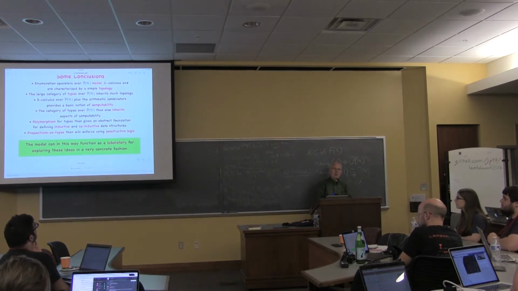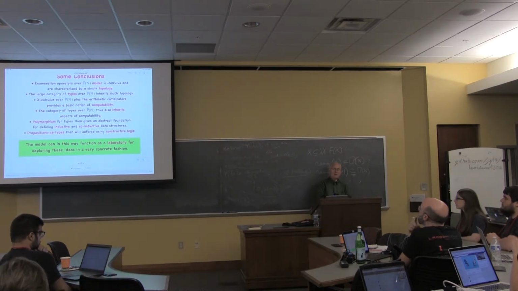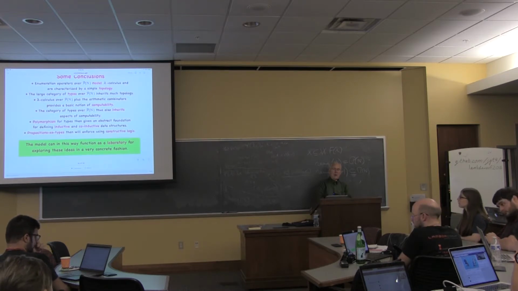They also, because certain kinds of enumeration operators are what we mean by the computable functions in this universe, the types also inherit ideas of computability. It's not always easy to tell if there is computable evidence for a certain assertion, but in some cases it's possible, and then you have more information than you might otherwise have. And I didn't say things about polymorphism. I'll go back to that.